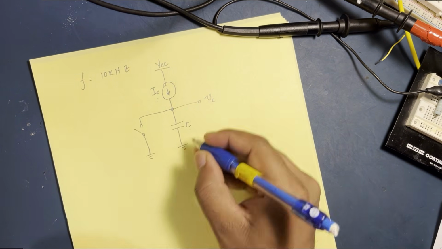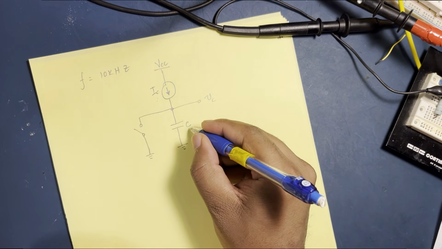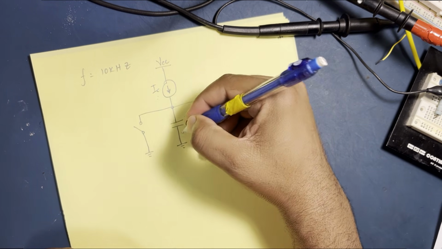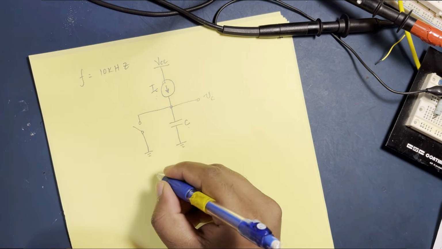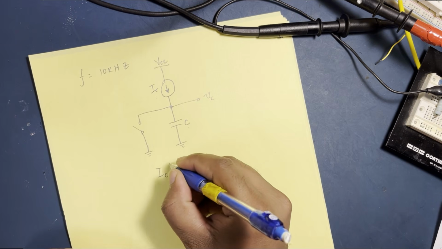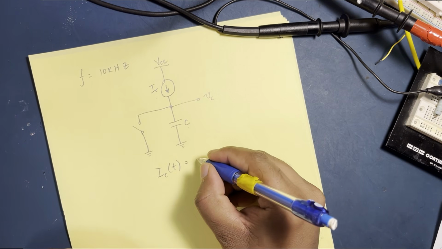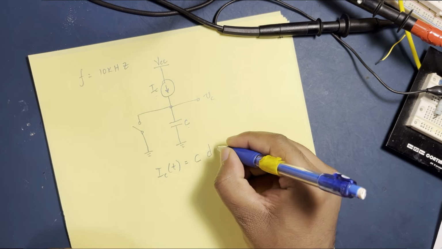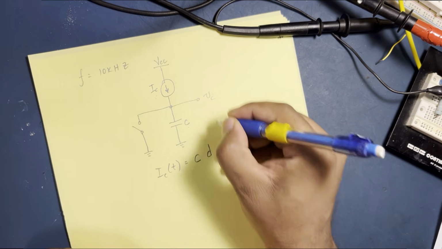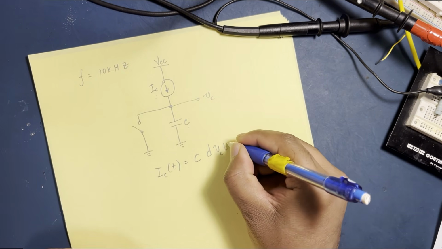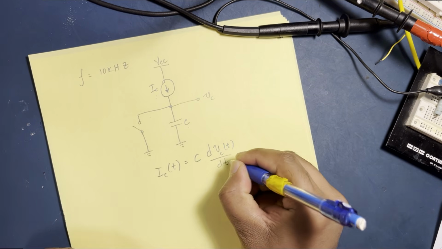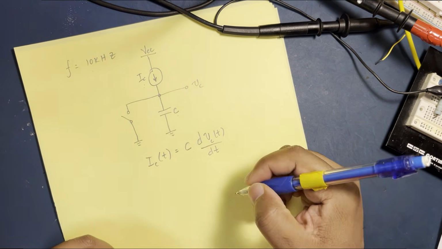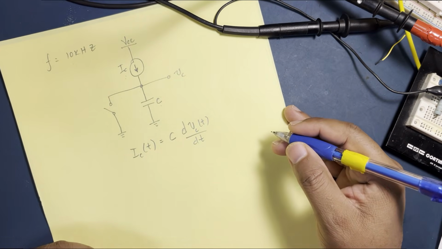We talked about in the previous video the capacitor equation, the current and voltage relationship: IC(t) is the capacitance value, which is fixed, times the derivative of the voltage across the capacitor with respect to time. This is just the standard voltage and current relationship across a capacitor.